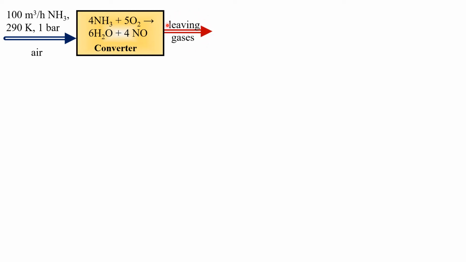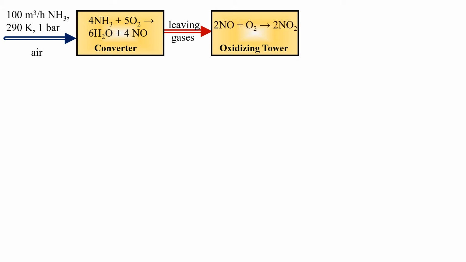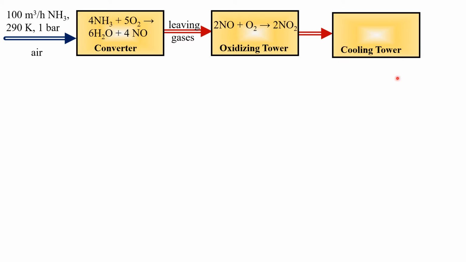Further, this leaving gas will enter into another tower. So this is the oxidizing tower. The leaving gas from the converter is passed to the oxidizing tower, where the reaction between NO and O2 happens. Further, the gases which come out of this oxidizing tower are sent to the cooling tower.